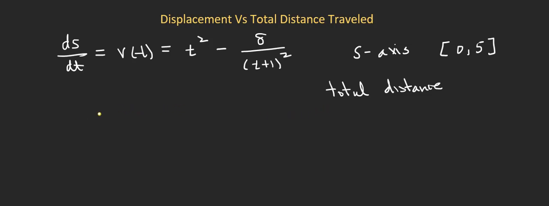So in order to find the total distance that this particle traveled from 0 to 5, you have to find the integral from 0 to 5 of the absolute value of the velocity, because we have to count the distance that it traveled to the left side.